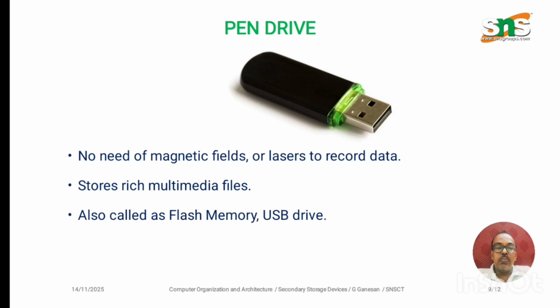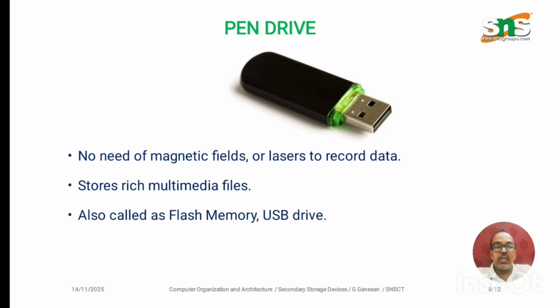Then another widely used secondary storage is the pen drive. Here we don't need any magnetic field or laser light to write the data. We can directly write the data to the pen drive. It is used to store a very huge amount of data and handle it easily.